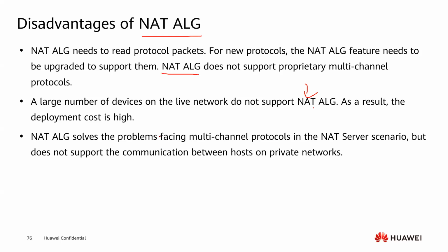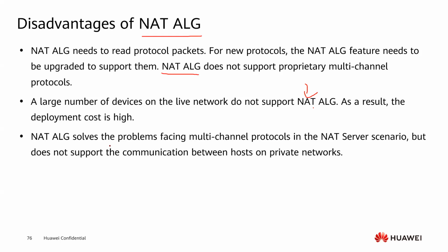And the third is that NAT ALG solves the problem of multi-channel protocols in the NAT server scenario, but it does not support communication between hosts on the private network.